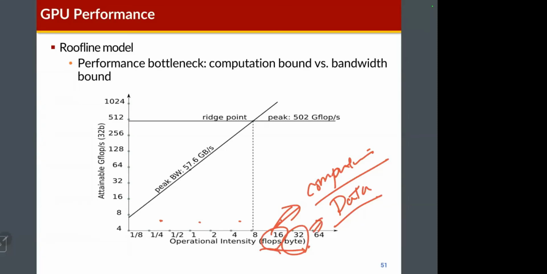The roofline model represents the peak performance by this operational intensity, and as I mentioned, this slope is determined by the memory system, hardware resources in the memory system such as memory bandwidth, and this horizontal line of the roofline model is determined by computation hardware resources.